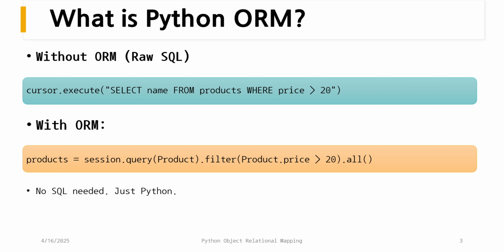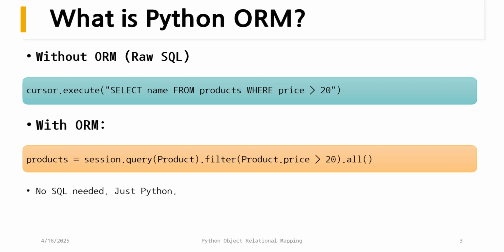Now, below that, we're doing the same thing using Python's ORM with SQLAlchemy. Here, Product is a Python class that represents a table in our database. Product.price refers to the column named price in that table. We're filtering the table for all products where the price is greater than 20.